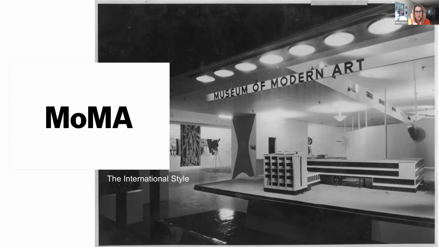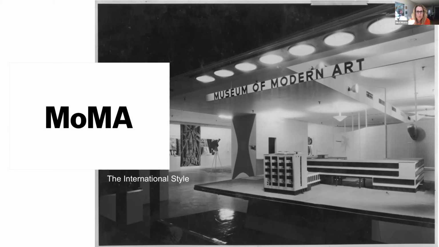The name, the international style, emerged from the very first architecture exhibition at the MoMA, the Museum of Modern Art in New York, which was curated by Henry Russell Hitchcock and Philip Johnson in 1932. The exhibition itself was called Modern Architecture International Exhibition, but as the curators and critics wrote about it, the name of this type of work came to be called the international style.